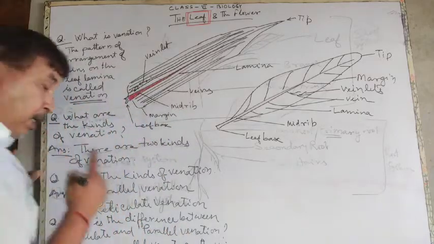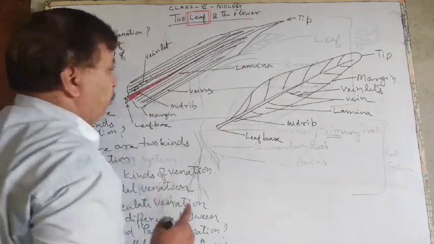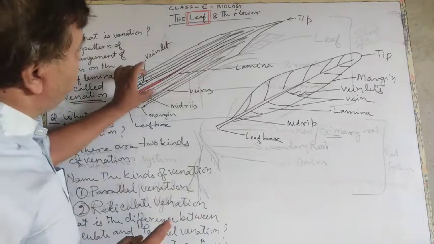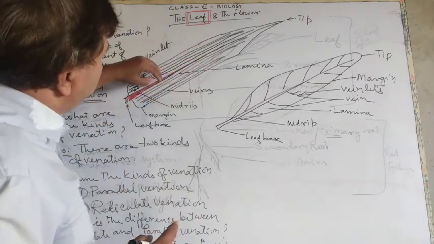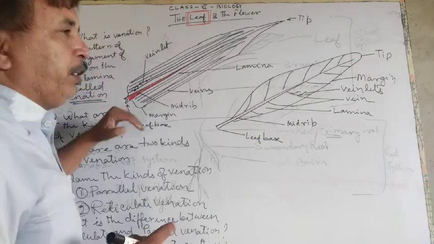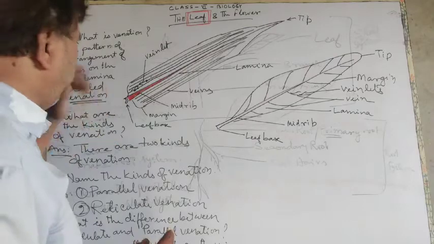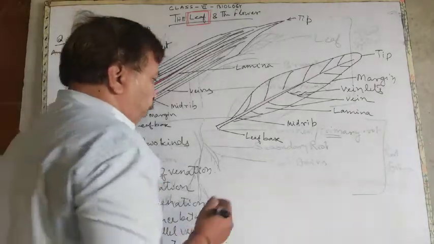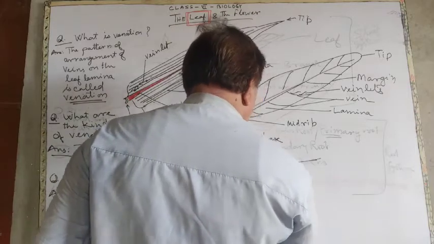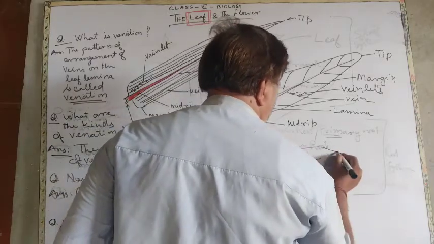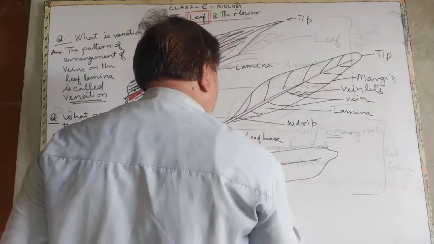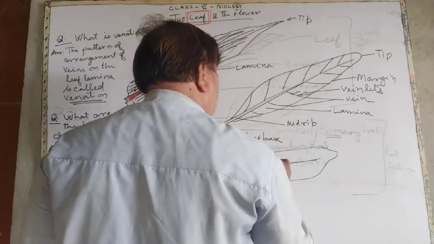right? But one more thing you must note, that sometimes they are parallel to the midrib and sometimes they may not be parallel, but the veins are parallel with each other. I will give you one more example of another leaf. I am drawing here one more leaf. Here the veins are parallel like this.